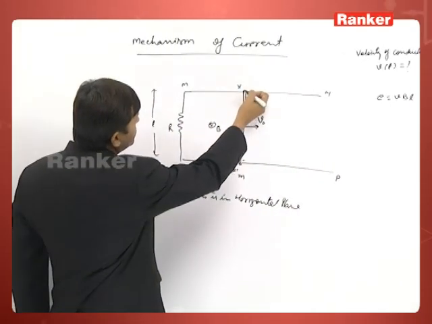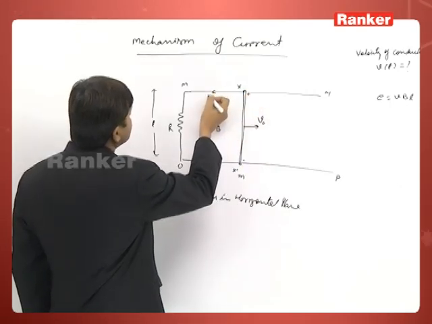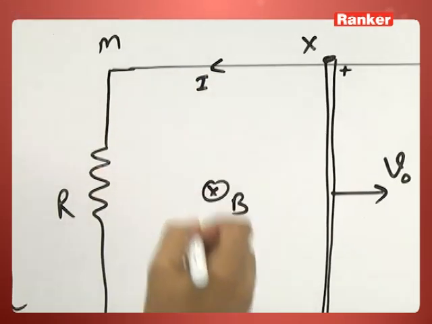Due to the EMF, with one end at higher potential and the other at lower potential, a current will flow. That current is called the induced current.